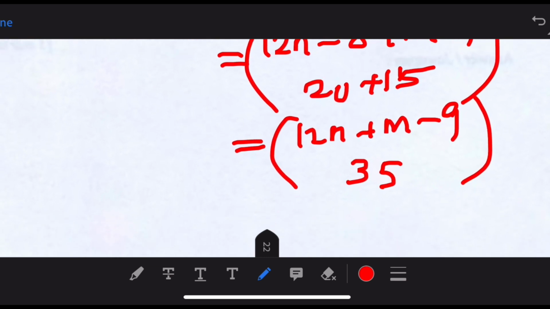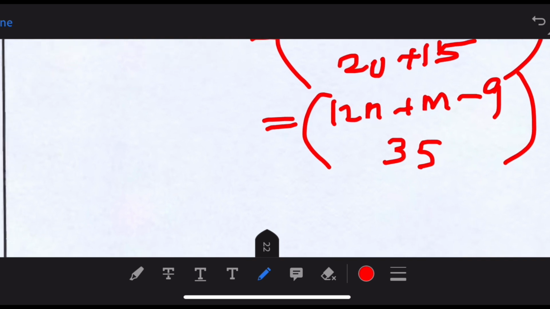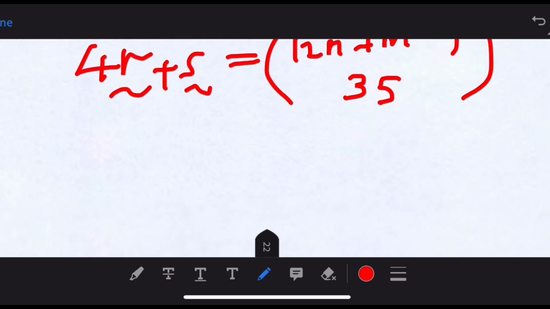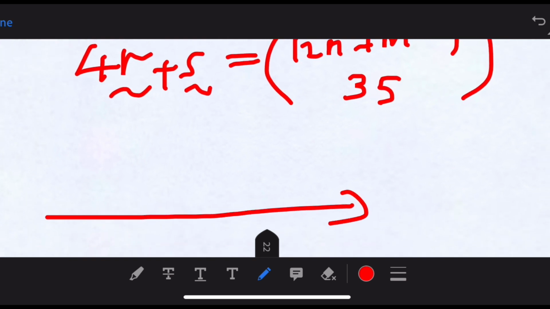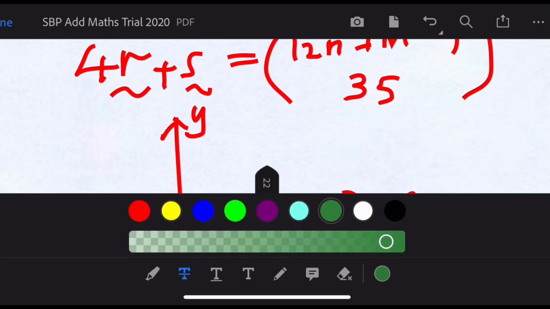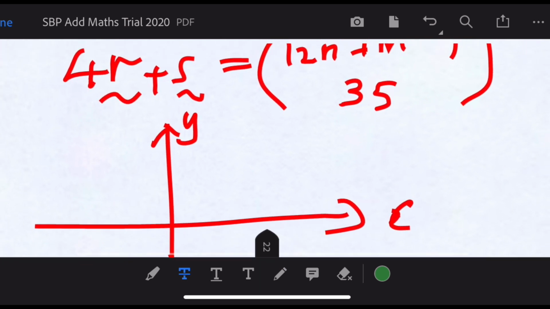So then, because the question already mentioned that this vector 4r plus s is going to be parallel with the y-axis. So when the line is parallel to y-axis, the component of the x must be equal to 0.